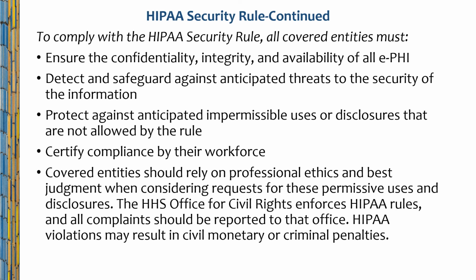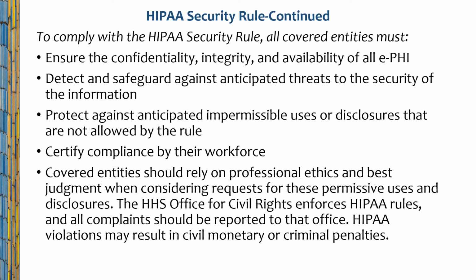To comply with the HIPAA Security Rule, all covered entities must ensure the confidentiality, integrity, and availability of all electronic PHI, detect and safeguard against anticipated threats to the security of the information, protect against anticipated impermissible uses or disclosures that are not allowed by the rule, and certify compliance by their workforce.